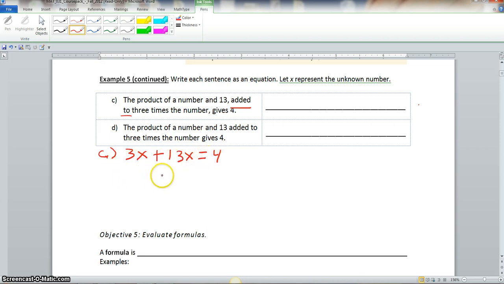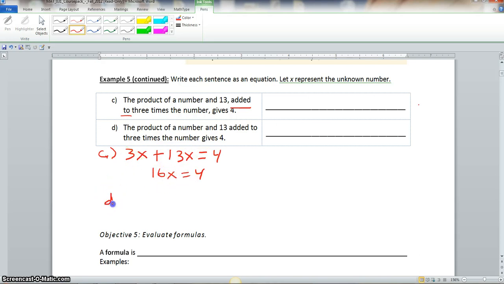Now, sometimes, depending on the program you're using, especially with MyMathLab, you may have to combine like terms. So just in case you do, we know 3x plus 13x is 16x, and that equals 4. If you're doing MyMathLab, I would suggest you try this first, and then if that doesn't work, combine the like terms.